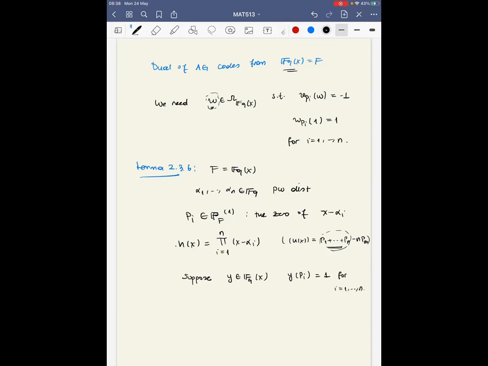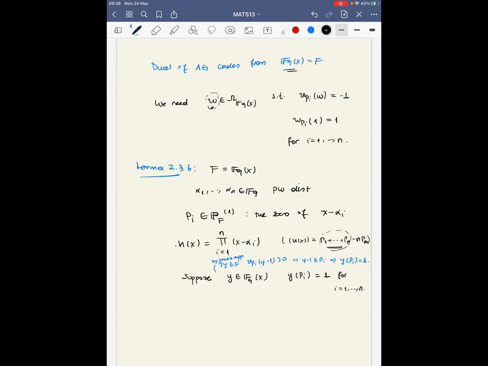Such a function exists by the weak approximation theorem, because we know the existence of a function y such that v_{P_i} of y minus 1 is strictly positive, and this implies y minus 1 is in P_i, and y of P_i is equal to 1.